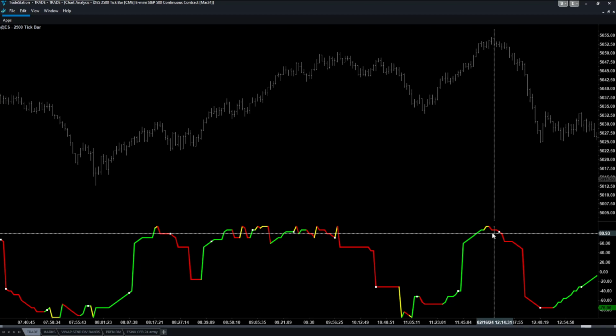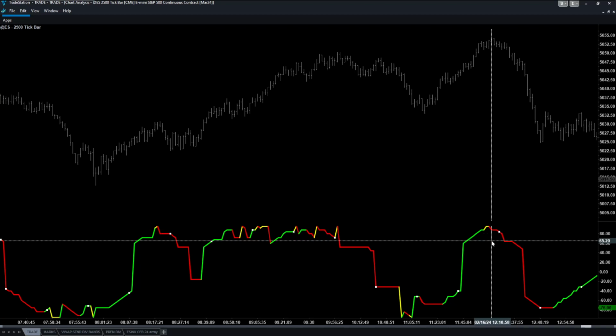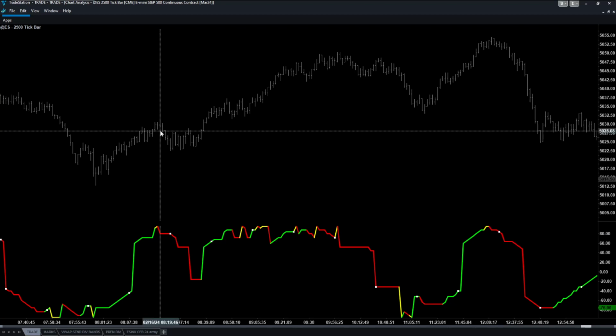So you just have to be aware that it's at a lower high, even though the market's at a higher high. The TSC is a lower high. So you want to look at that very carefully about taking a short trade there. Now, let me describe the biggest problem with the TSC. Let's look at this example in here.